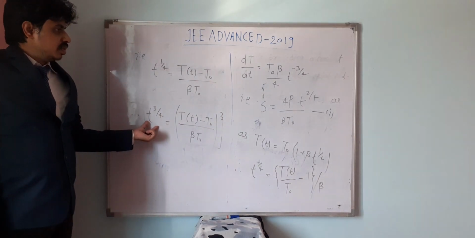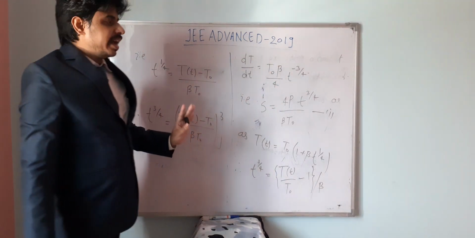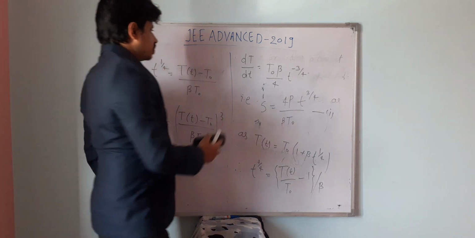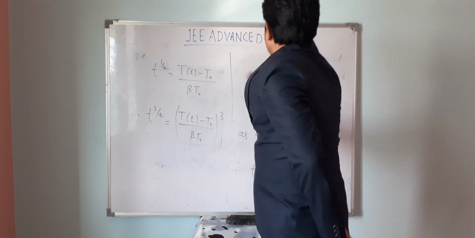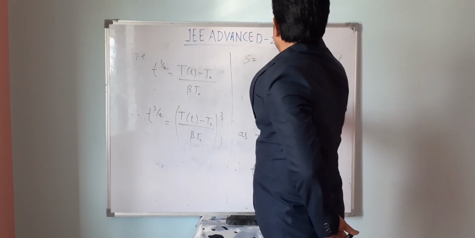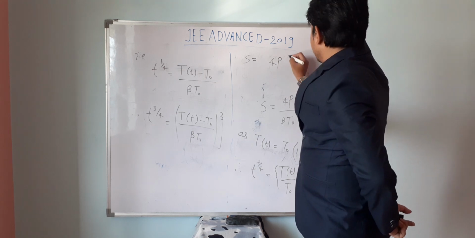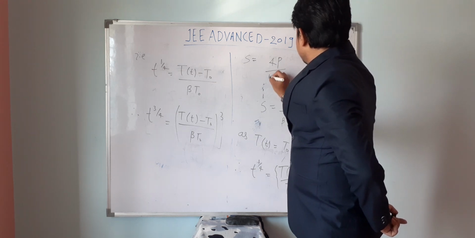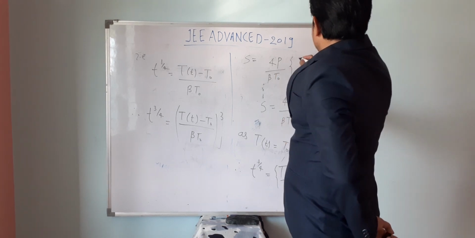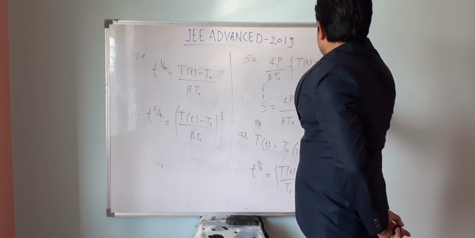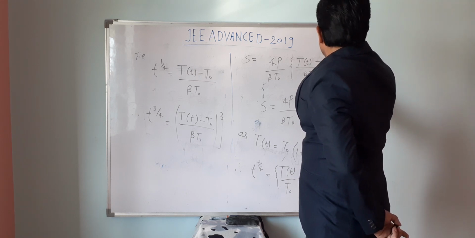Now substituting this value in equation 1. We will substitute this value in equation 1 and simply I will get the value of S. So the final step, S is equal to 4P by beta T naught into T minus T naught upon beta T naught, its whole cube.